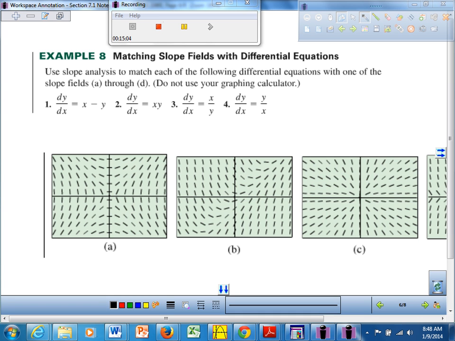So you could think, okay, well, let me just plug in some points and see if the slope comes out right, which is basically what we'll do, but we're going to be a little bit more methodical in it. Let's think about where dy/dx equals 0, so where it'll have a horizontal tick mark, and where dy/dx will be undefined, where it would have a vertical one. So you want to look for where the derivative is 0 or undefined.